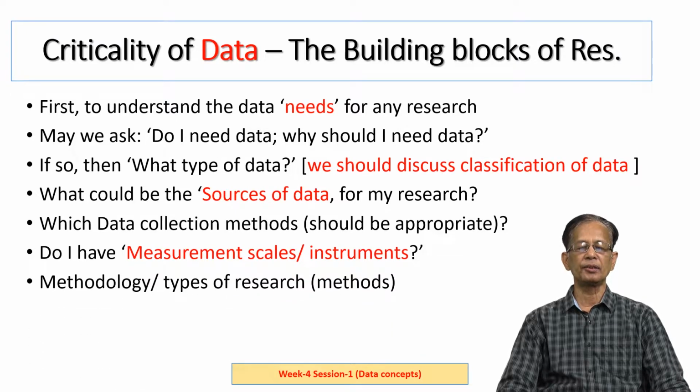Types of research methods will automatically be covered in this session also. Now, let us discuss very briefly why data and what exactly the data need is for any research. Once we are clear about the exact need of the data, selecting and collecting data will be easier.